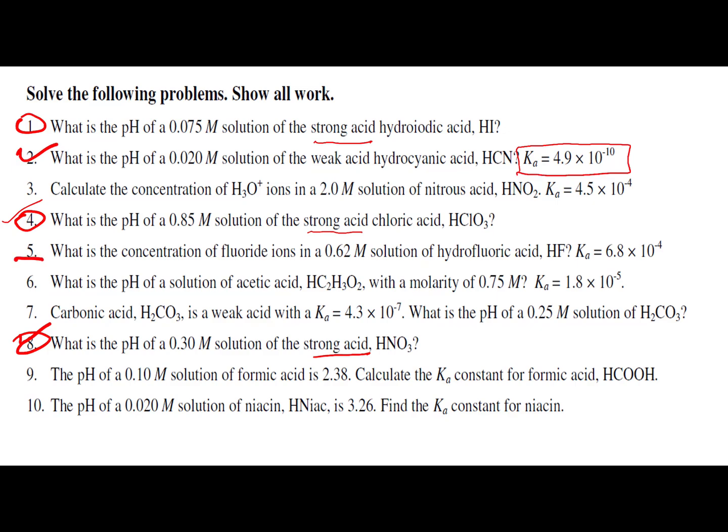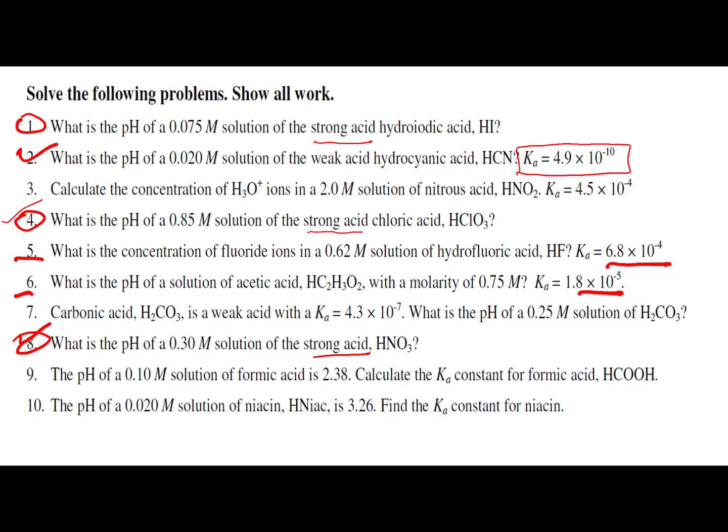In problem number 5, fluoride ions in hydrofluoric acid. Here's my Ka, 6.8 times 10 to the minus 4. Make that equal to x squared over 0.62. Solve for x. That will be your hydrogen ion concentration. Take the negative log of it for your pH. Number 6, acetic acid. Ka 1.8 times 10 to the minus 5 equals x squared over 0.75.